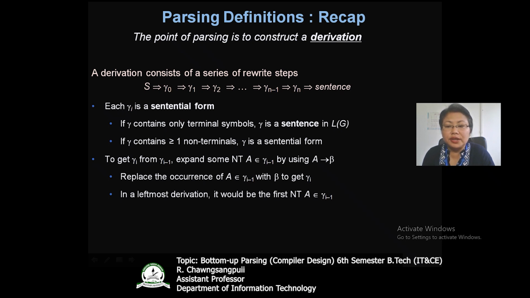Each gamma i is a sentential form. If gamma contains only terminal symbols, gamma is a sentence in L(G), the language of the grammar. If gamma contains one or more non-terminals, gamma is a sentential form.